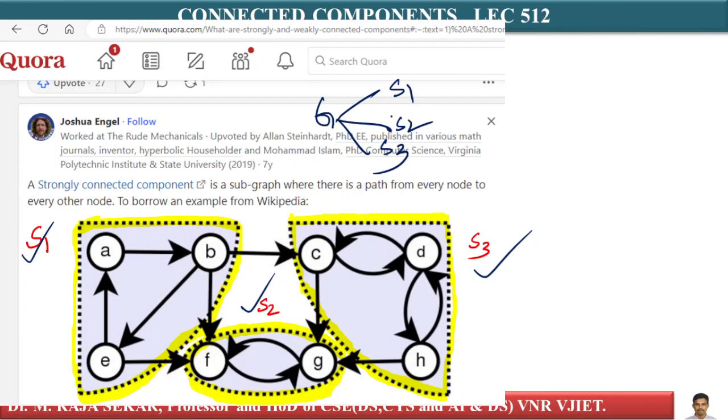We have broken our directed graph in such a way that within S1, I can go from any vertex to any other vertex.